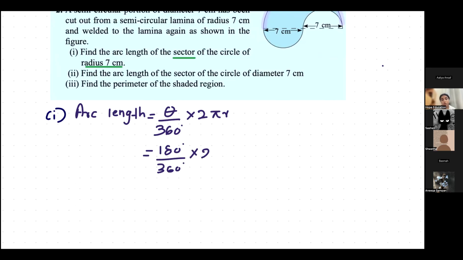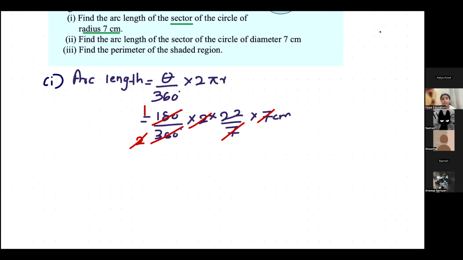Pi is 22 over 7 and we know the radius is 7 centimeters. 180 times 1 is 180, 180 times 2 is 360. Then the 2s cancel, the 7s cancel, and 22 is remaining. So the arc length is 22 centimeters. Good.